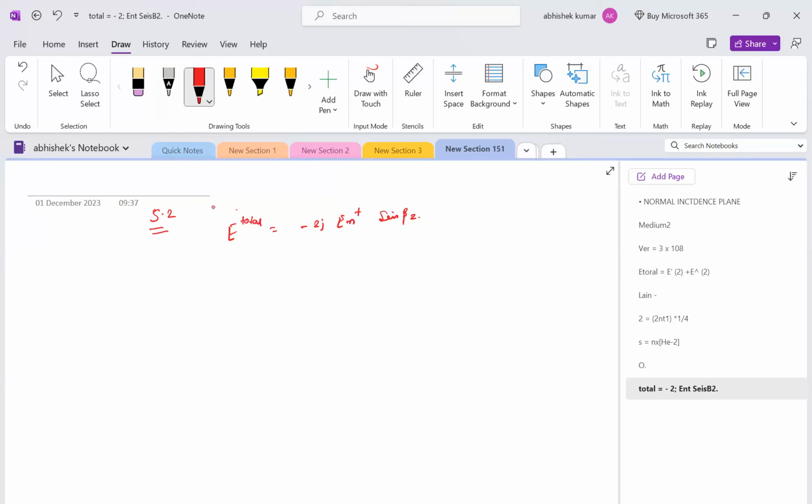Can you tell me the problem number, 5.2 or 5.6? No, 5.2, 3, and 7. Okay, this is your 5.2. Basically you want whatever is written there, only those parts, right?